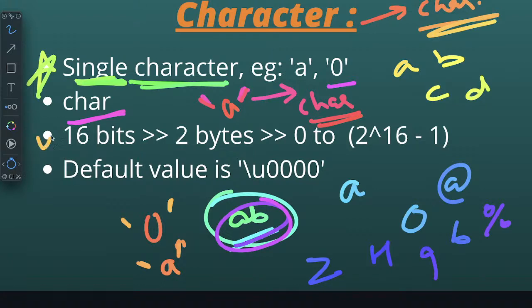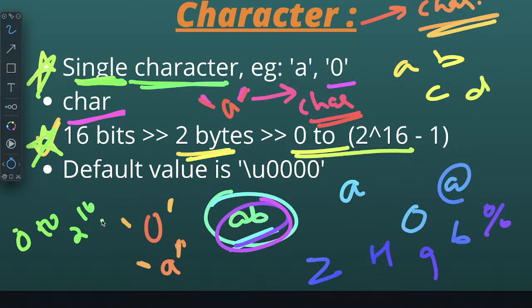One more thing: the size of character is 2 bytes, which means it is smaller than int, obviously. Note this point about the range, because when we move to typecasting, it will help us understand. For character, the range starts from 0 to 2 power 16 minus 1.